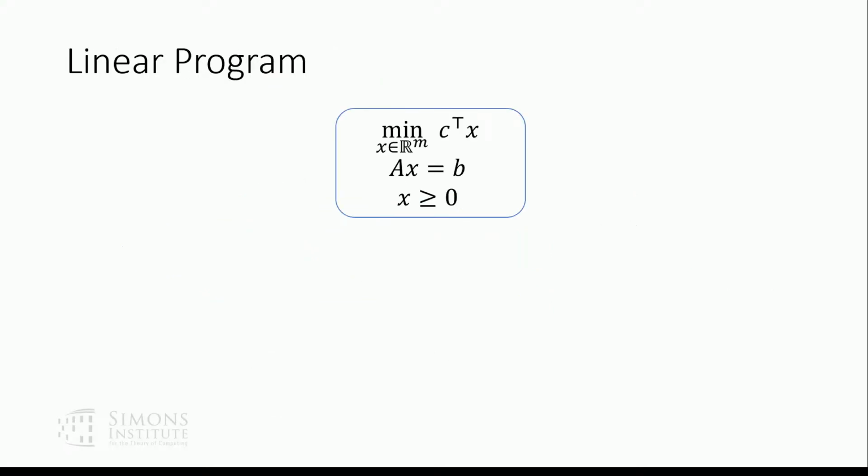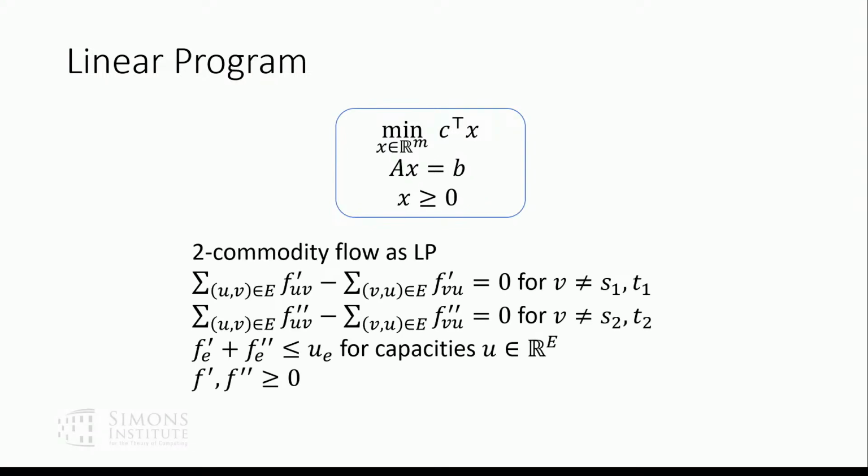The last problem I'm going to look at are linear programs. So here you have a bunch of linear constraints, and you want to minimize a linear cost function. And linear program is kind of a generalization of the two previous cases, right? You can model flow problems as linear programs. You can just say something like, for every vertex, the entire flow that goes into the vertex and out of the vertex must be 0 for every vertex except for the start and sink. And you have these constraints for both flows.